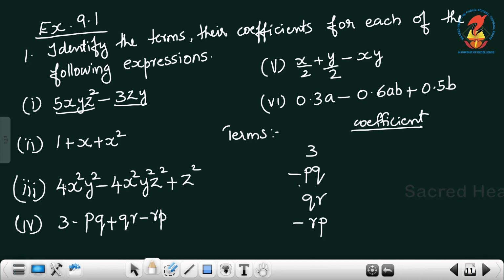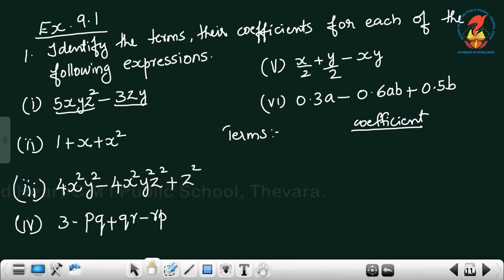What is the coefficient of negative pq? Negative 1. What is the coefficient of qr? 1. What is the coefficient of negative rp? Negative 1.